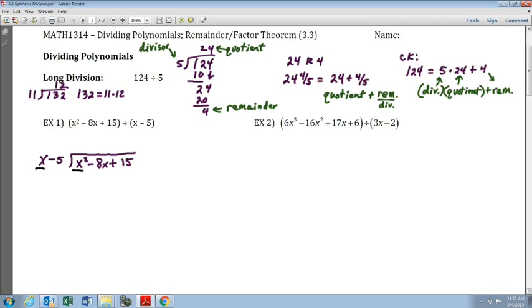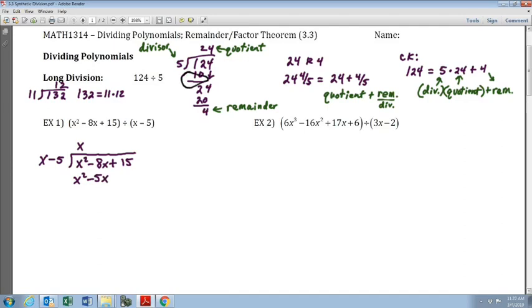And I'm going to ask myself, what times x gives me x squared? And the answer is x. x times x is x squared. Now we have to multiply the x times the whole divisor, x minus 5. So it's x times x and then x times a minus 5, which gives us a minus 5x.